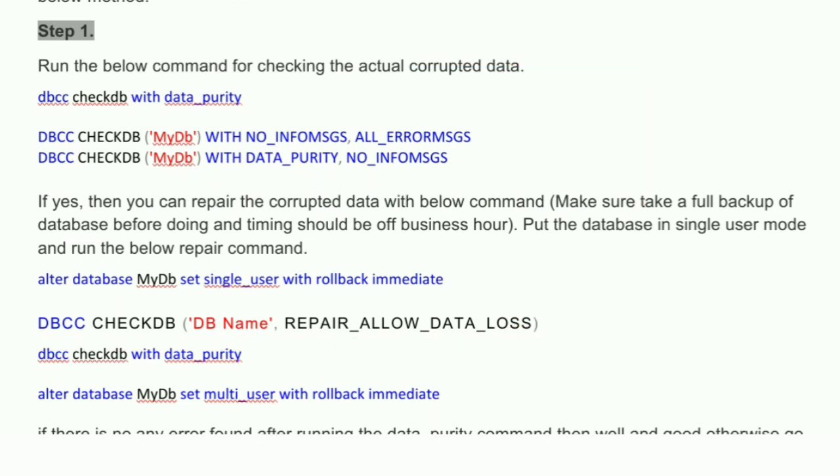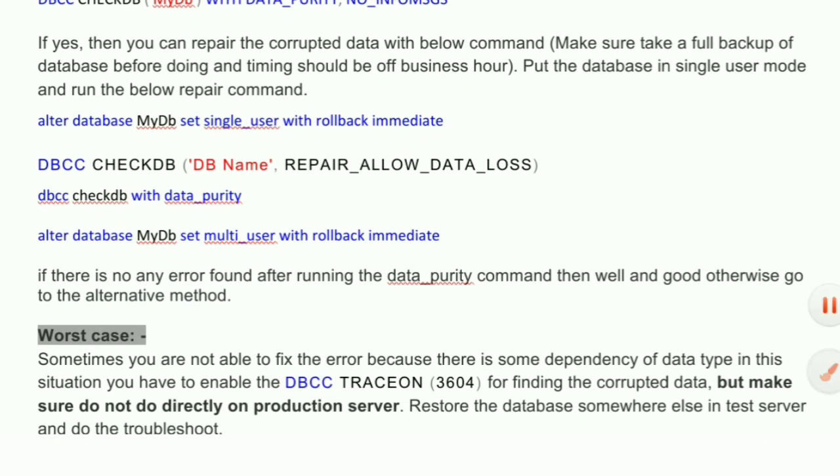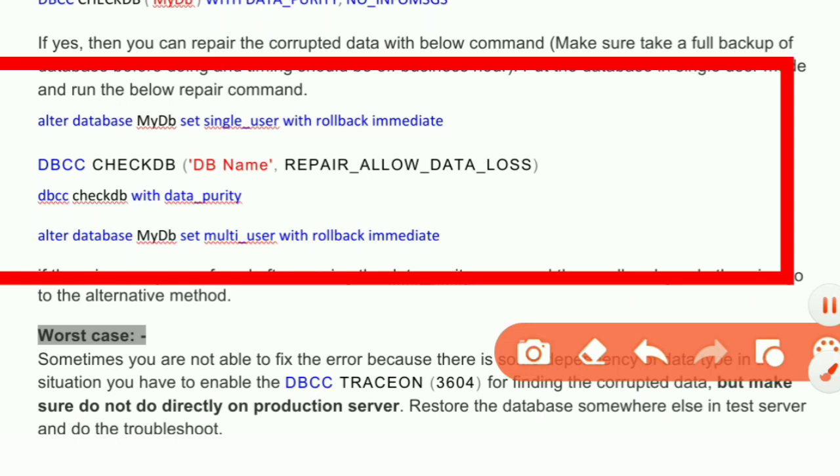If you find any corruption and error, just focus on these steps. Take the database into single user mode and use the REPAIR_ALLOW_DATA_LOSS command. It will repair the database, and then check the database purity again with DBCC CHECKDB WITH DATA_PURITY, and then put the database back in multi-user mode.